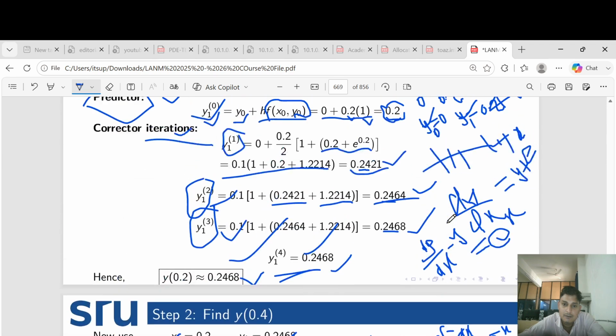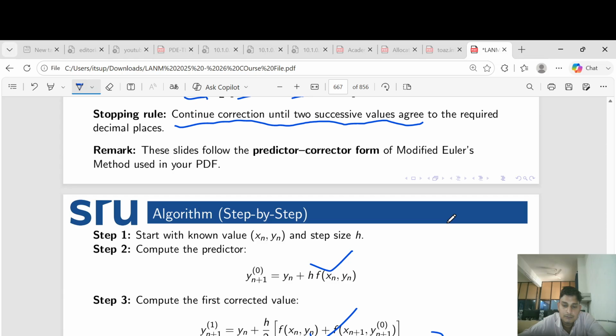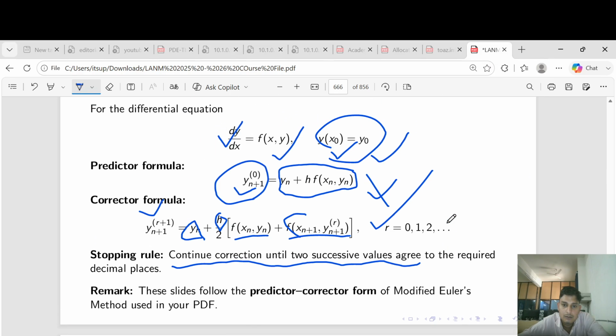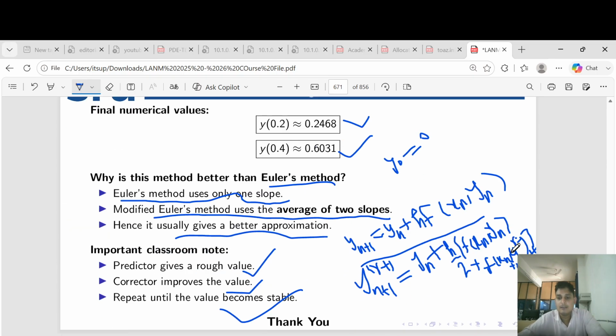I will check this again. Xn plus 1, yn plus 1 to the power r. Okay, so this formula is correct. If you put the values, you evaluate y1 from this formula, then you check the stability of y1, at what point it is stable.